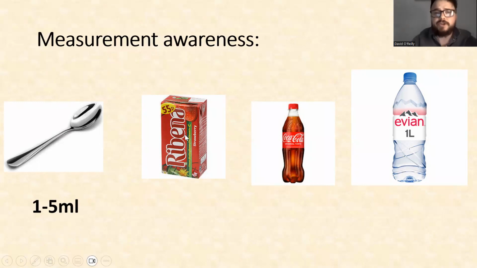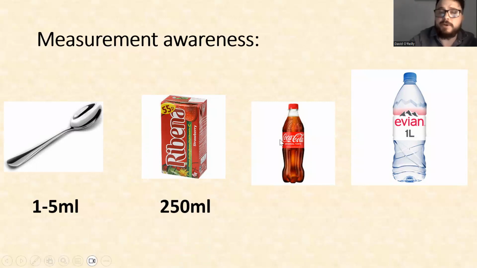How much Ribena do you think is inside this carton? Now, have a guess. Don't worry if you're not correct, because we're improving our awareness. It doesn't matter if you're correct right now, okay? But it might be fun to give it a go. So I'm going to show you the answer in 5 seconds. What do you reckon? How much Ribena is in this carton? The answer is 250 milliliters, okay?